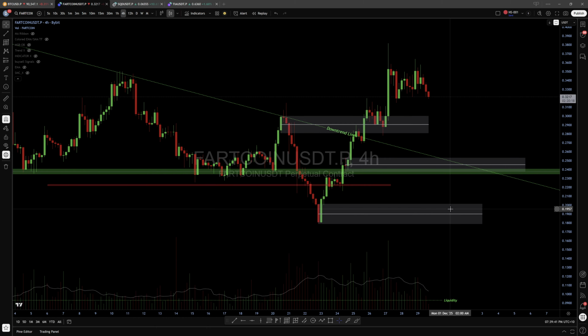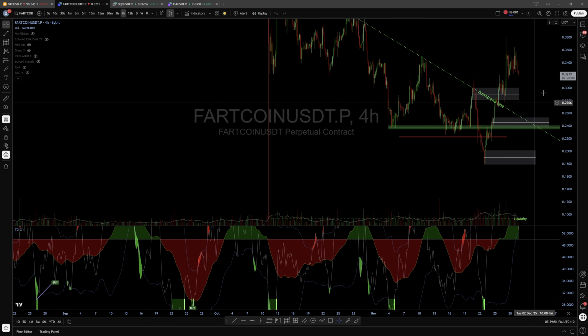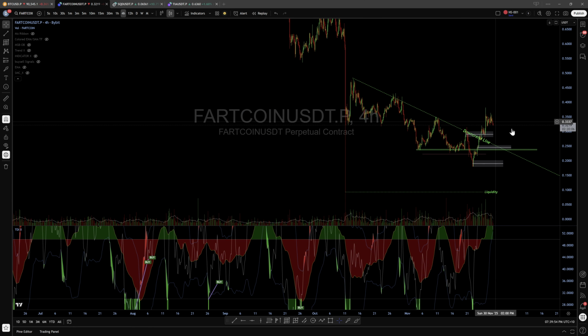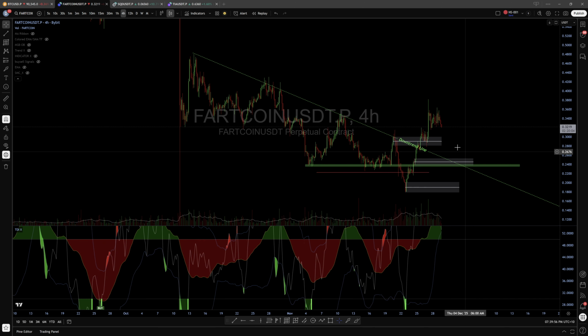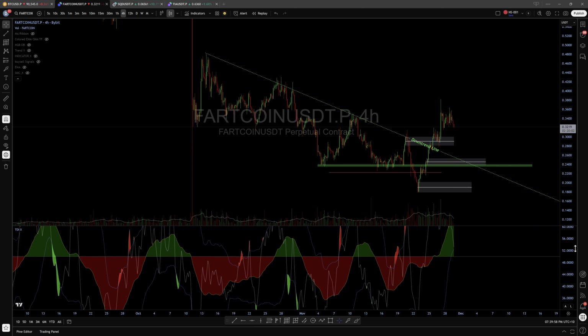So that was a simple one to know that it broke out by seeing it get above this and do what it did here. And that's a high time frame scenario, so it's probably going to have a little retracement and then go up again.